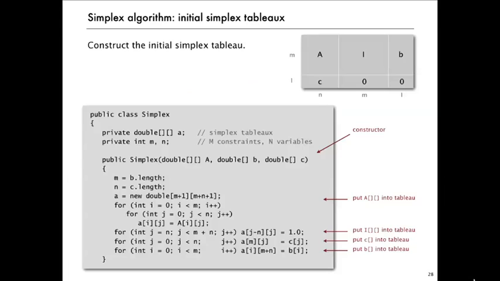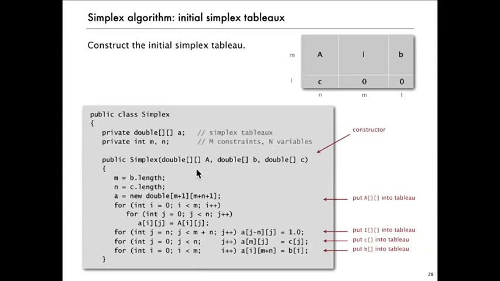And then all we're going to do is write the code to build the tableau and then to do the pivots. And this is very straightforward Java code. So it's going to be a two-dimensional array, clearly. We have our number of constraints and our number of variables.